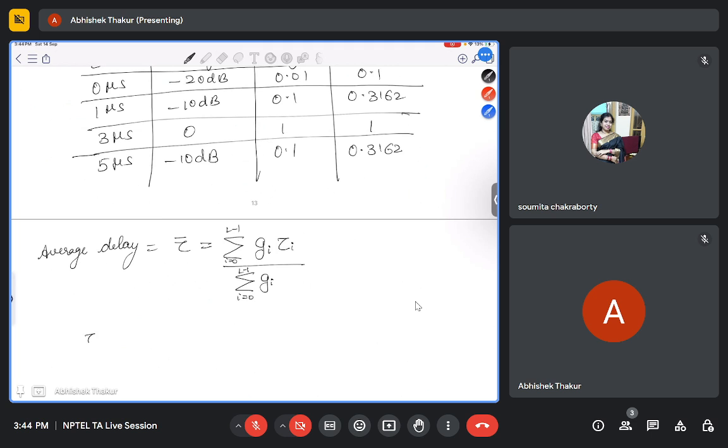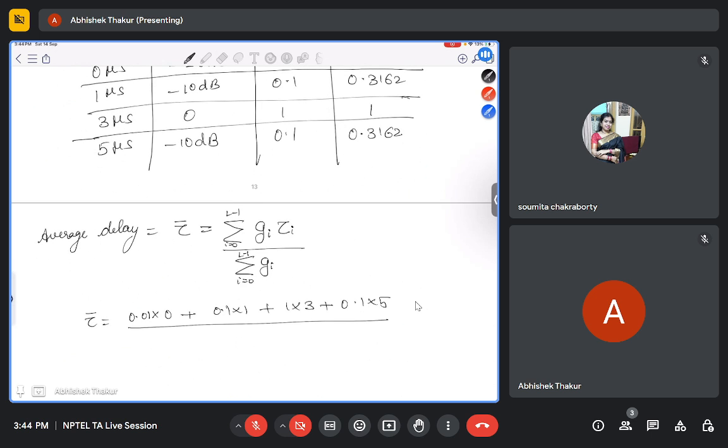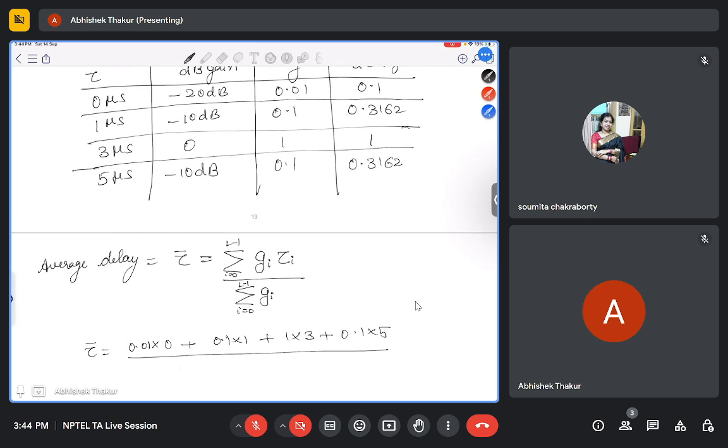So G0 tau 0, how much is it? 0.01 into 0, plus G1 tau 1, 0.1 into 1, plus G2 into tau 2, 1 into 3, plus 0.1 into 5, divided by summation of Gi. So that is 0.01 plus 0.1 plus 1 plus 0.1.